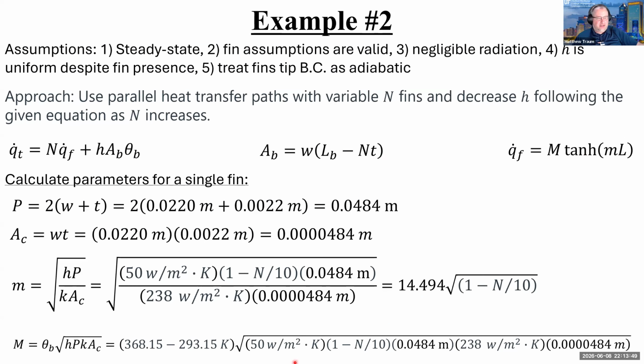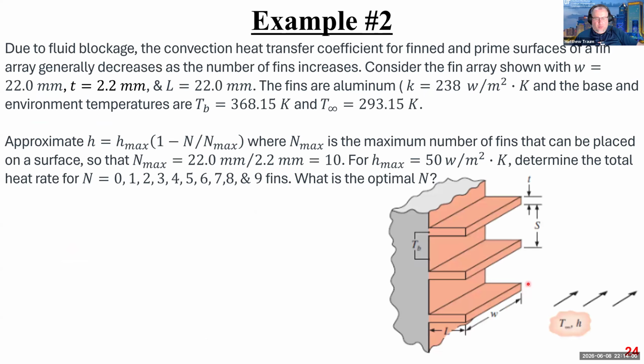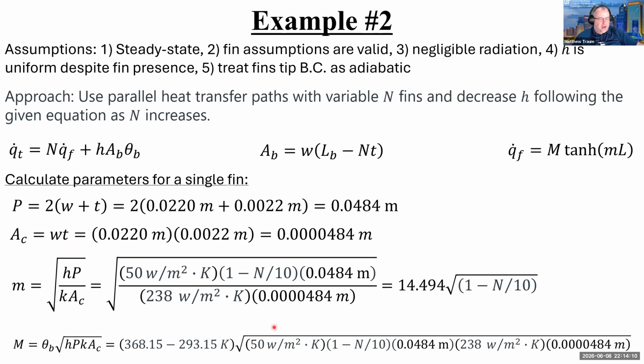So it's 0.0484. A sub C is the width times the thickness. So let's look at that. The width times the thickness. That's the cross-sectional area of each individual fin. Yeah, A sub C, cross-sectional area. Okay, that makes sense.